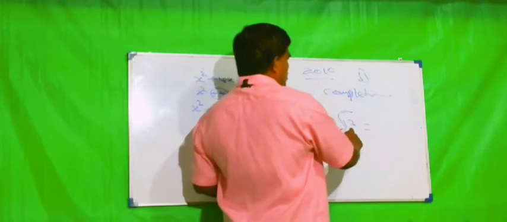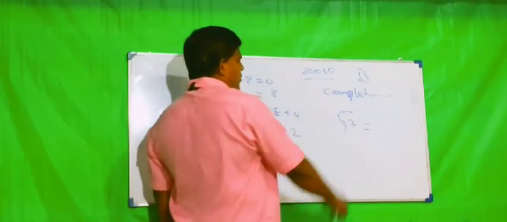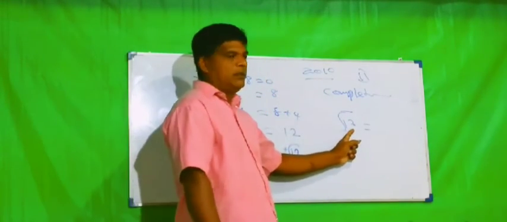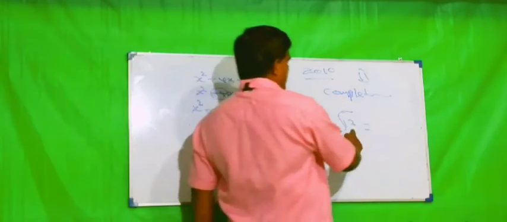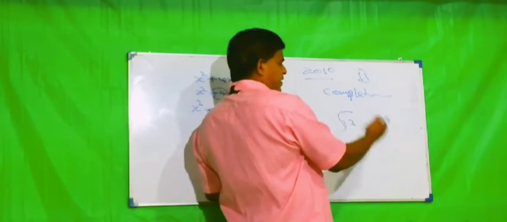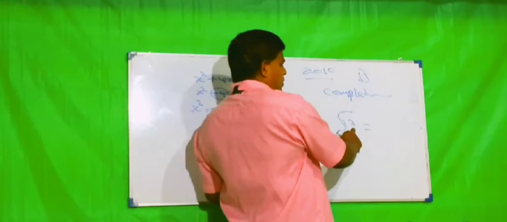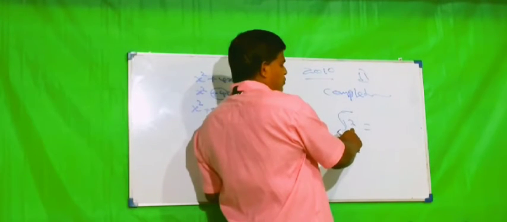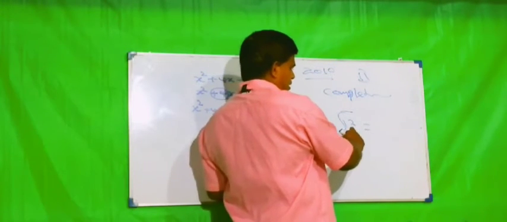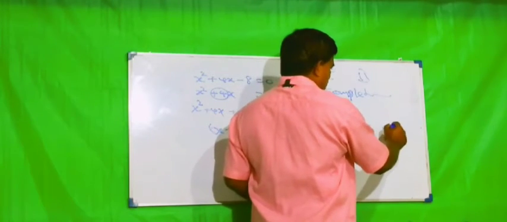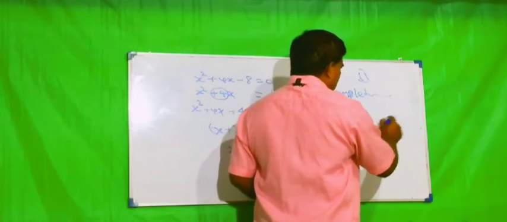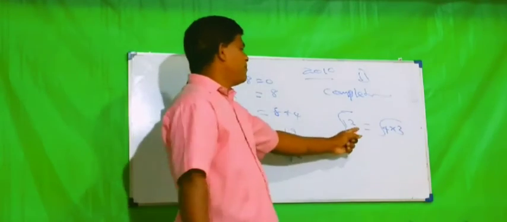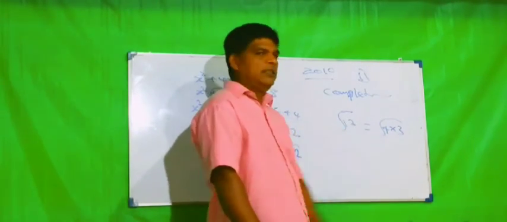So 12 is not a perfect square number. But there is a perfect square number among the factors of 12. We can take 12 as 4 into 3.